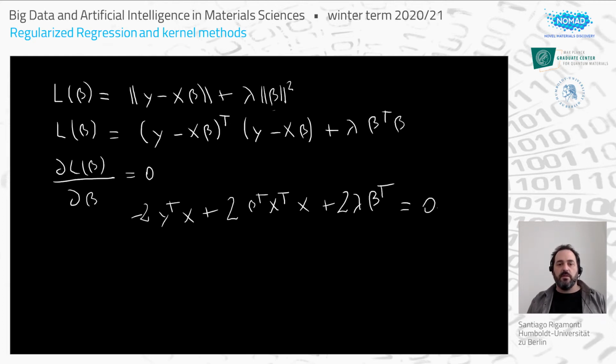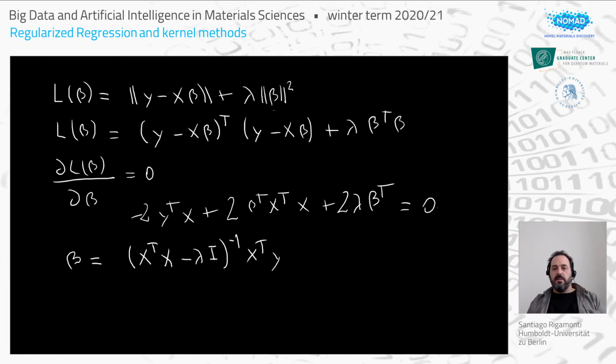If you do that, this is also an exercise, what you will find is something similar to what we had before. We will find that the optimal parameter for ridge regression is something like this: x transpose x plus lambda, the same lambda here, times the identity matrix, inverse, times x transpose y.